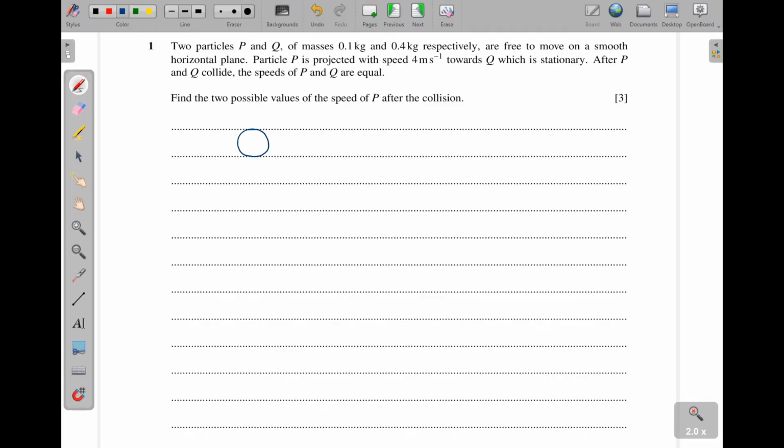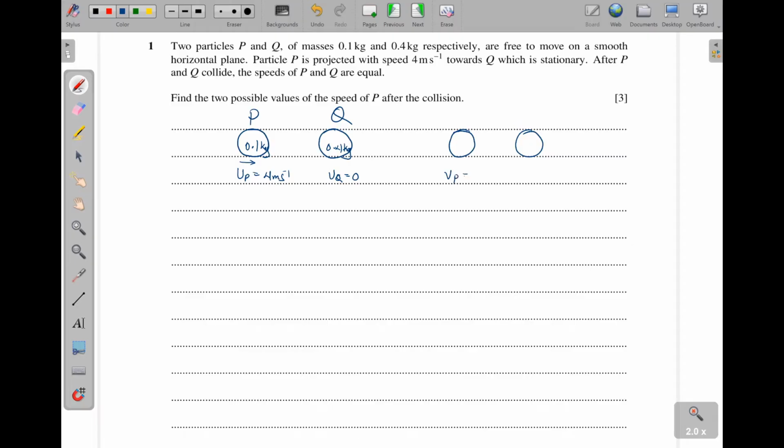I have here my P, then I have my Q. This one is 0.4 kilograms, this one is 0.1, and then UP is equal to 4 meters per second projected forward towards this Q, which is stationary, so its initial velocity is 0.